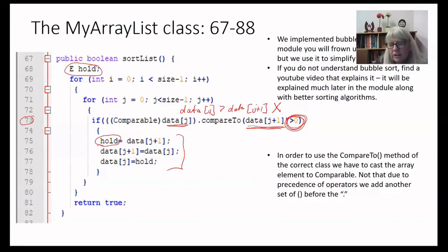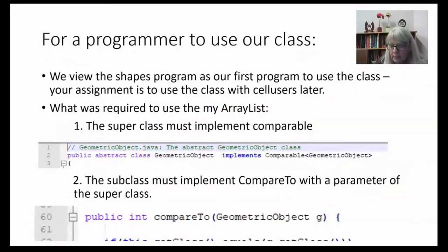But these two statements are actually achieving the same, although the top one, the handwritten one, won't work. But logically, this is what we are doing. We say if data j is larger than data j plus 1, which is typical in bubble sort. Rewind if you need to listen to the story again.